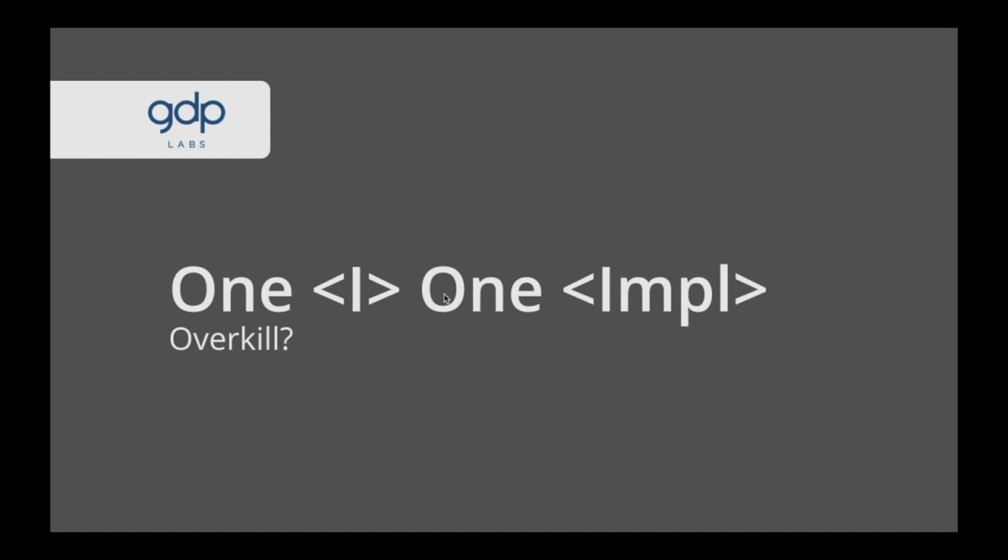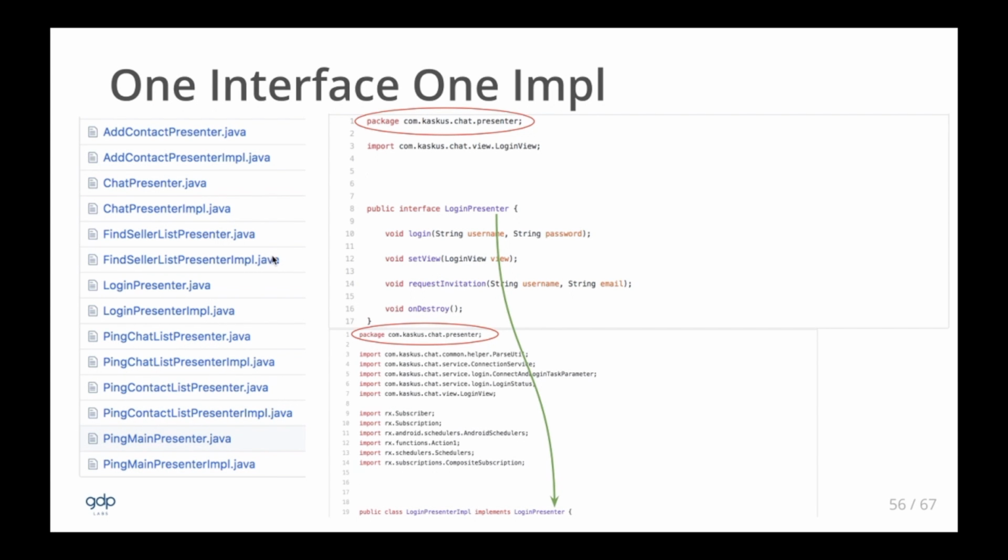Next topic. Wow, we have a lot of topics. One interface, one implementation. Is it overkill? Some of you might have run into this kind of problem. You find yourself with a lot of blah blah blah IMPL class. It's quite a lot to the point you ask yourself, there's only one concrete class for its interface. Why would I need to make the interface then?